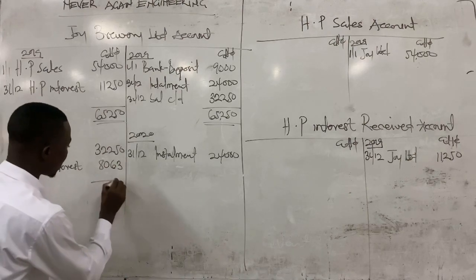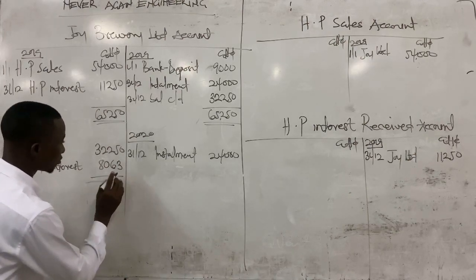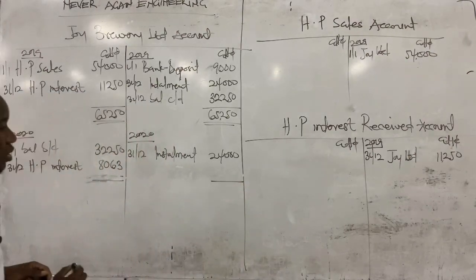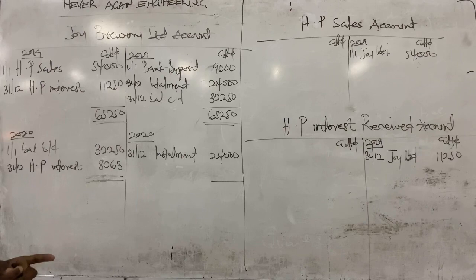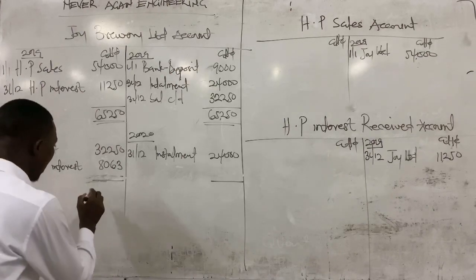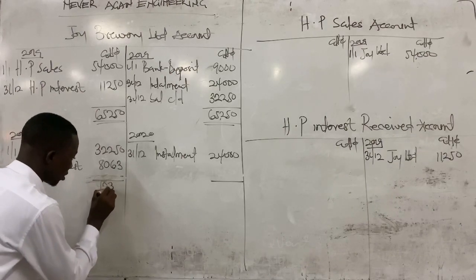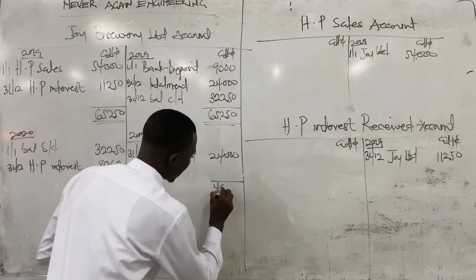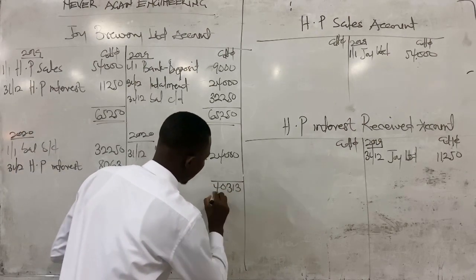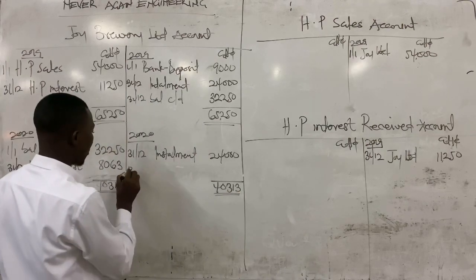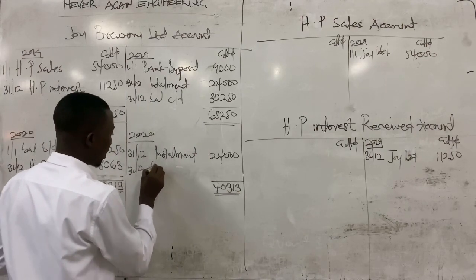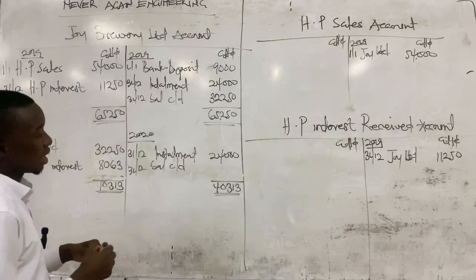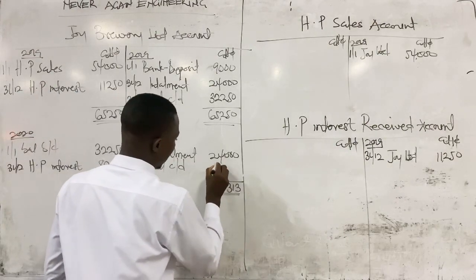So in closing of this account, the total is 40,313. So at the end of the year, the balance carried down will be an amount of 16,313.